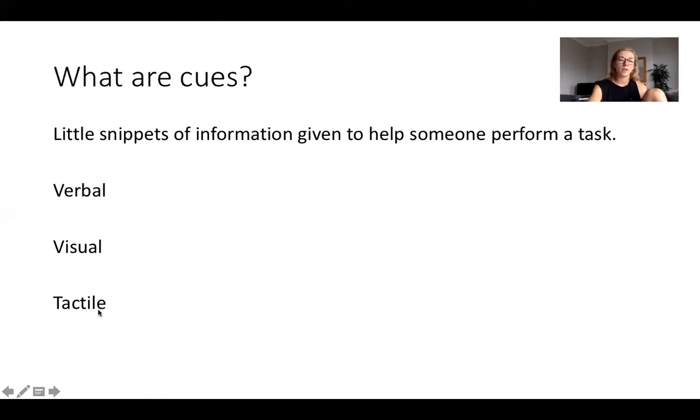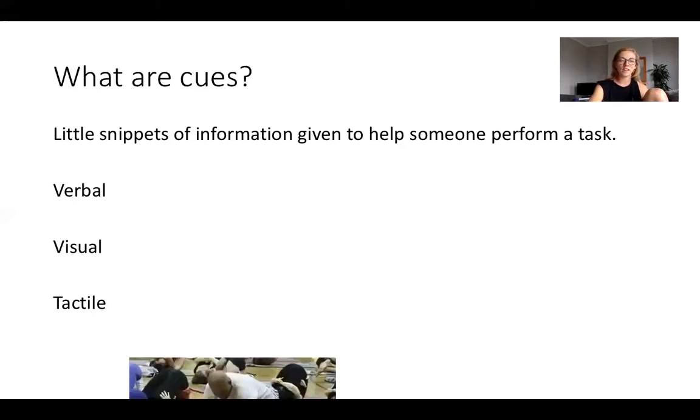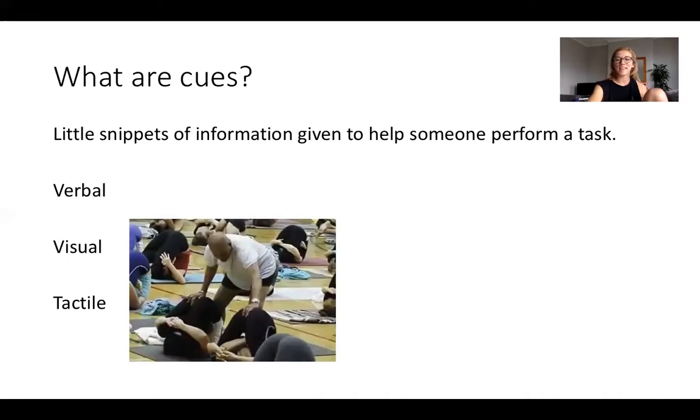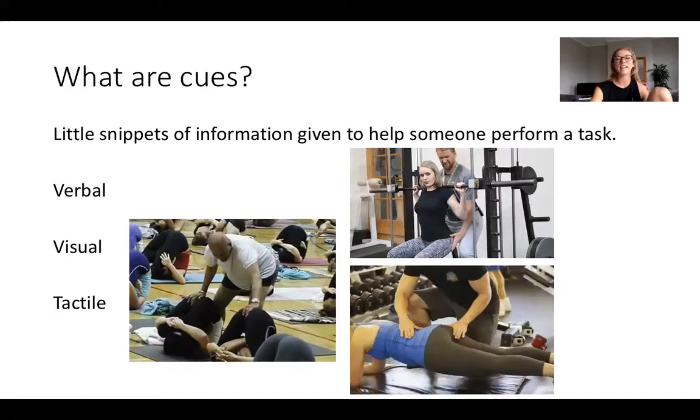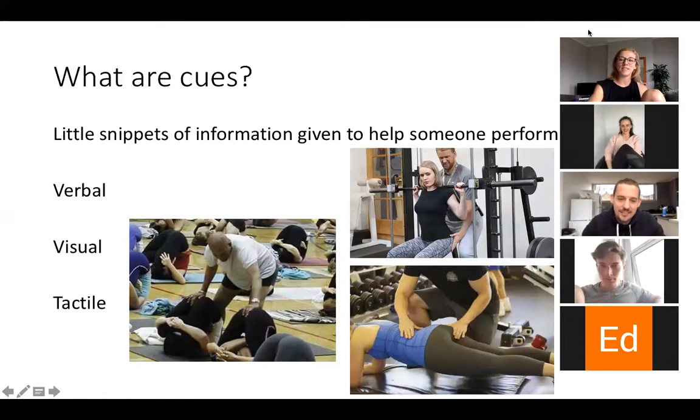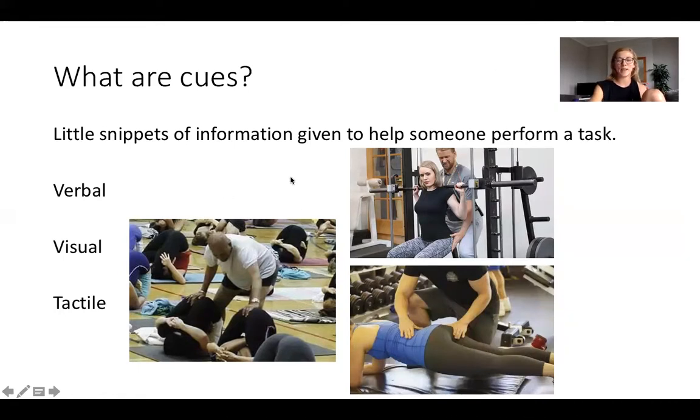Equally with tactile cueing, I try to avoid using tactile cueing too much. I find that sometimes coaches can rely too much on tactile cueing. And here are a few funny examples of where tactile cueing can go a bit wrong. So I prefer using verbal and then visual.